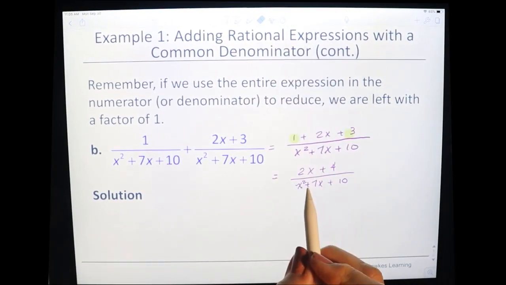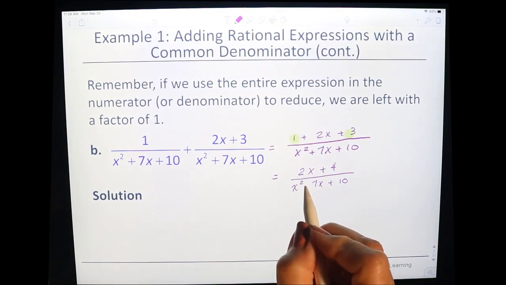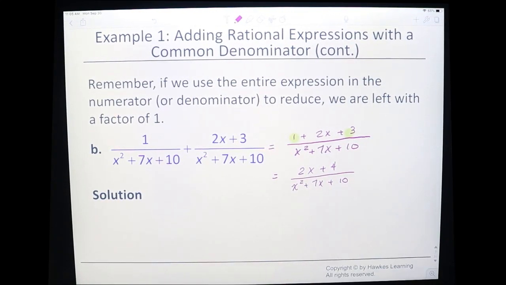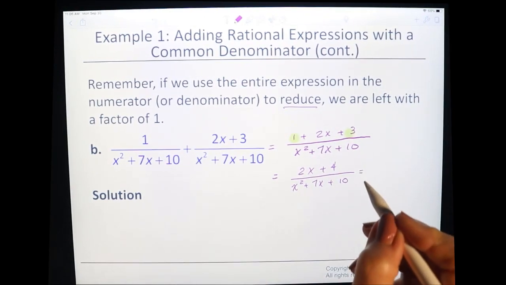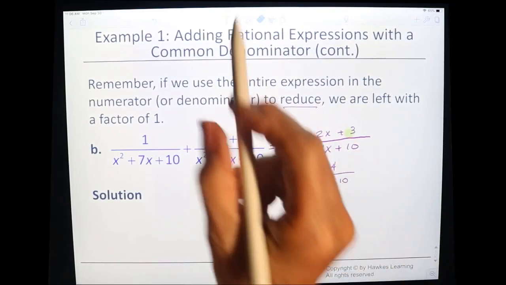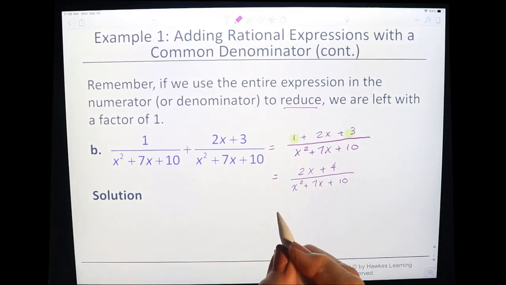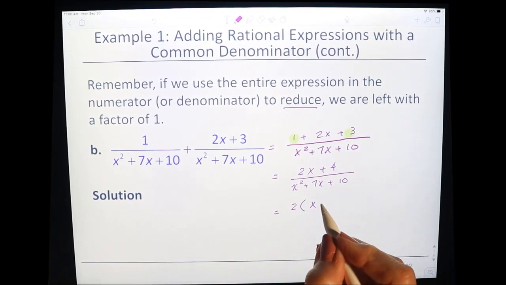I don't like the way that looks. Let me straighten that up a little bit there. There we go. So we're done with the addition process, but remember, we're always supposed to, whenever possible, reduce the fraction, and that means we have to do some factoring. So I'm going to come down here and do a little bit of factoring. I see a common 2 in that numerator, which I'm going to take out.